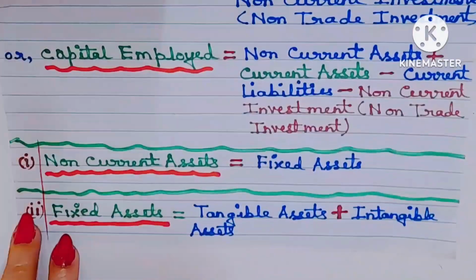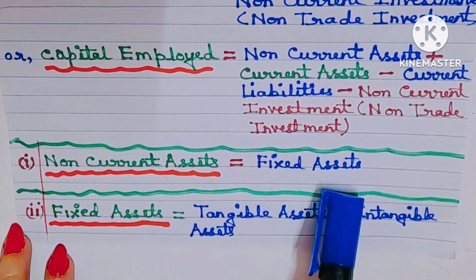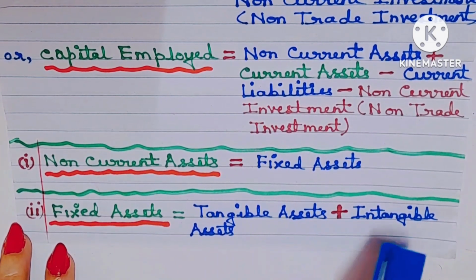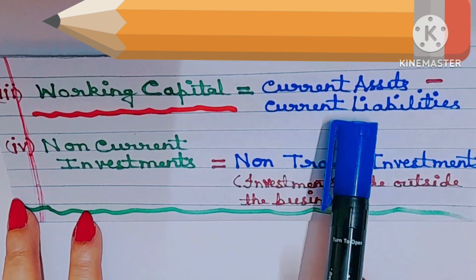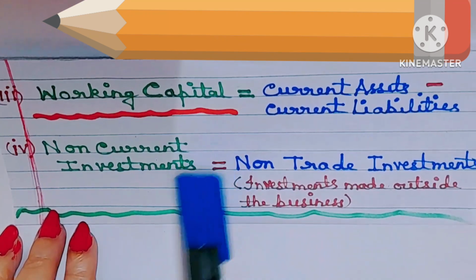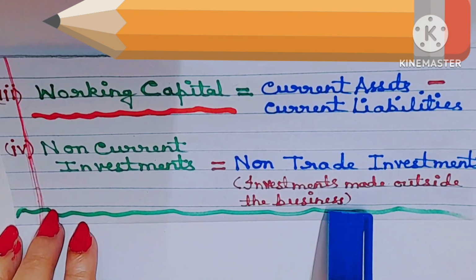Non-current assets is equal to fixed assets. Fixed assets is equal to tangible assets plus intangible assets. Non-current investments is equal to non-trade investments or investments made outside the business.